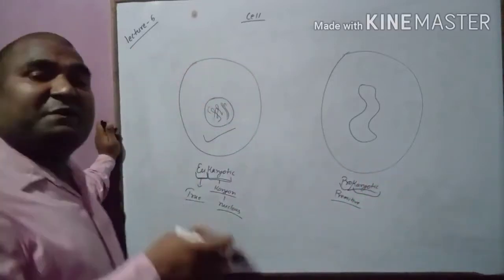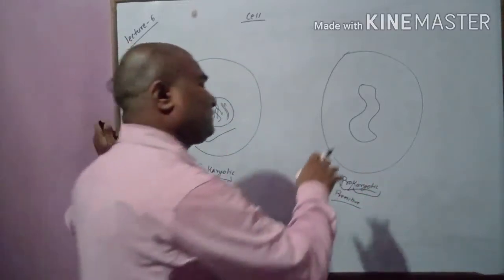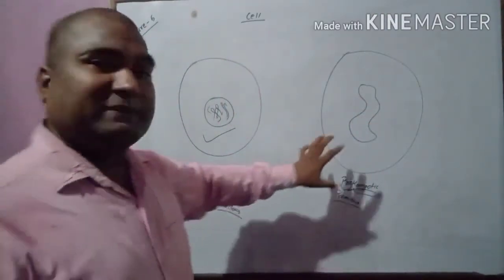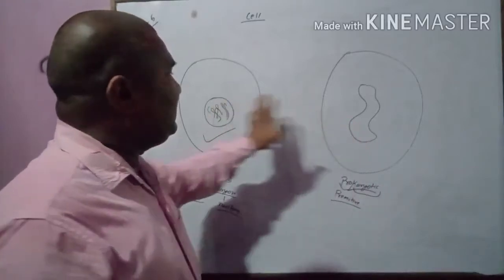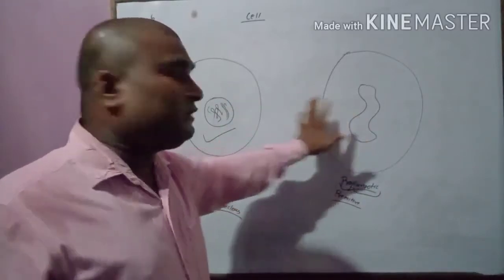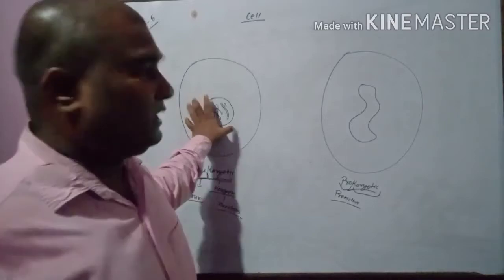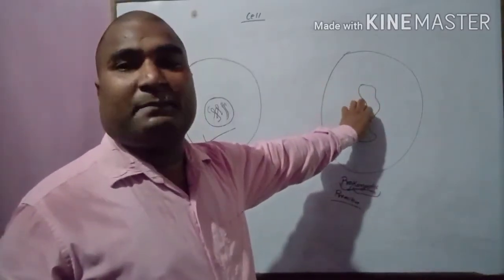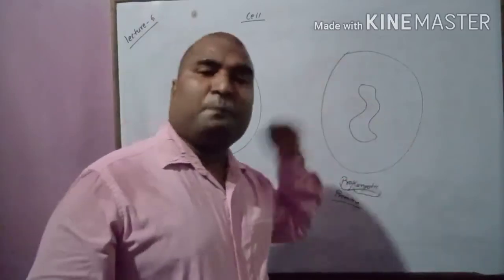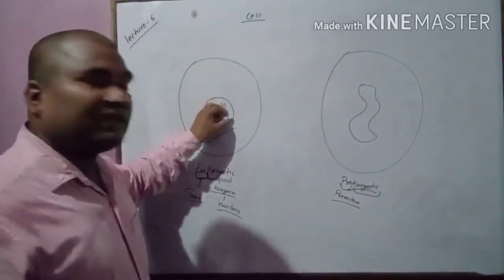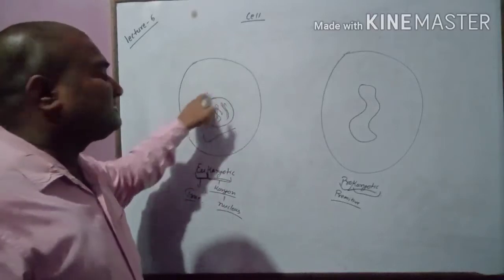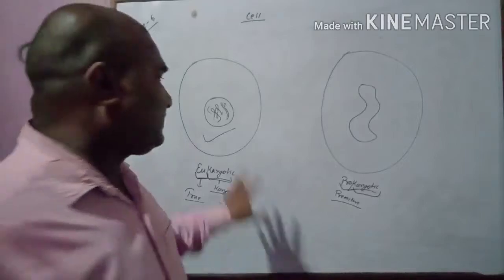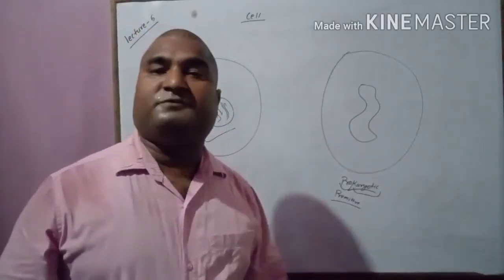So the cell that does not have a true nucleus is called a prokaryotic cell. Genetic material is present in both, but in the prokaryotic cell the chromosome is present in the cytoplasm only, but here the chromosome is present inside a membrane-bound structure called the nucleus. So it has a true nucleus, and it does not have a true nucleus.